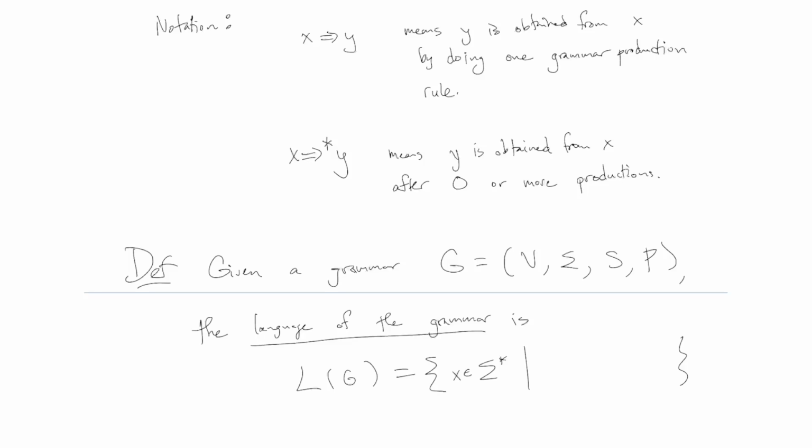Any ideas? Here's a hint: use this. This means after doing a bunch of steps, you can end up with, well, here it says you can start with X and end up with Y. That's not what I want to say down here. I want to say something like you can end up with X in some way. Any ideas?